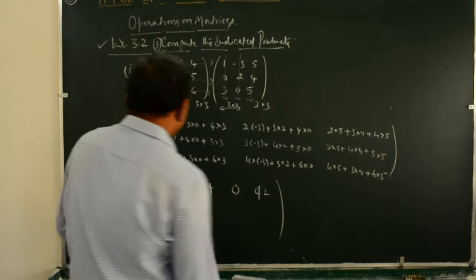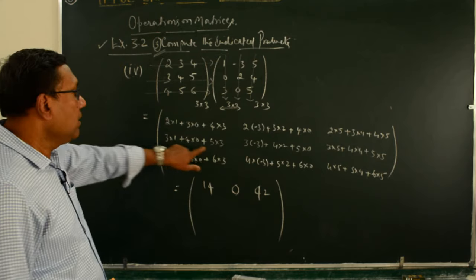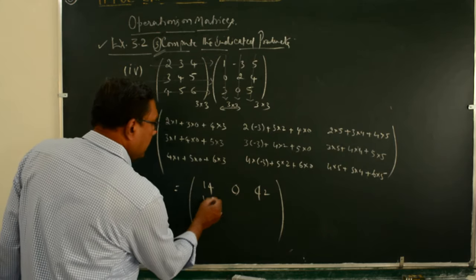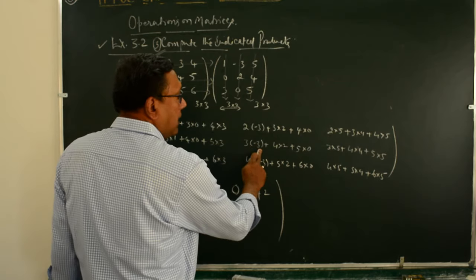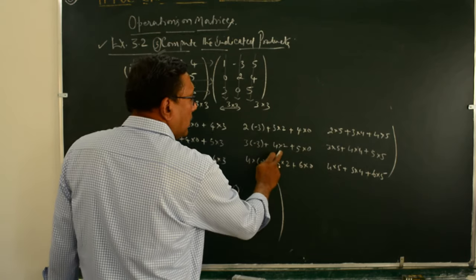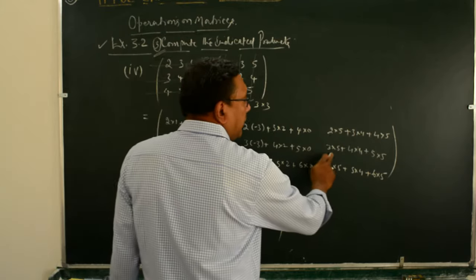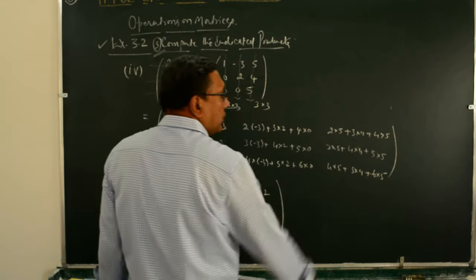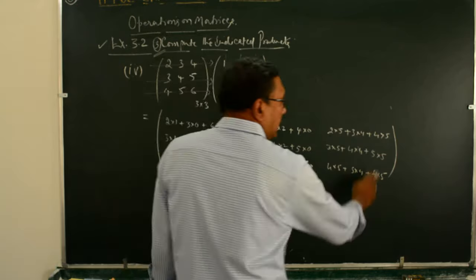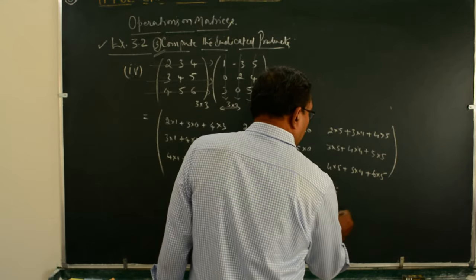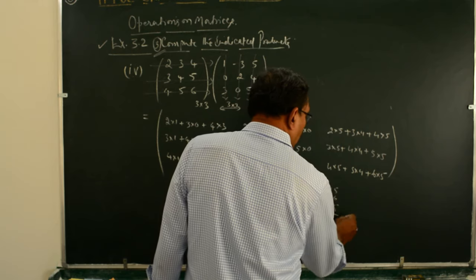And here 3 ones are 3, 5 threes are 15, which is 18. Here minus 9 plus 8, which is minus 1. And here 15 plus 4 fours are 16 plus 25, which is 56.